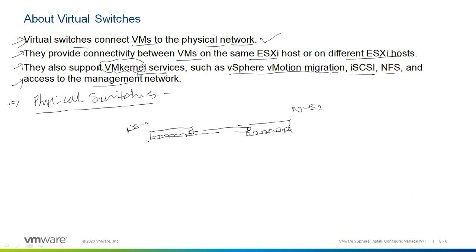Okay, so we always refer to them as uplink ports, and the ports which are connecting the switches we call trunk ports. Okay, so whenever we create networking, for example, this is my one server, this is my another server.